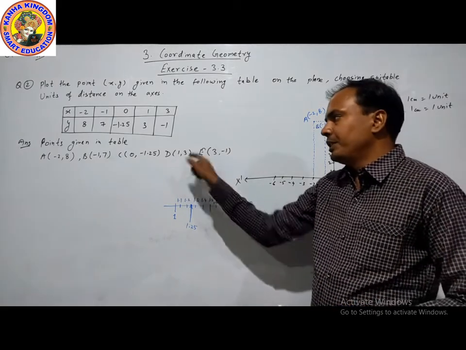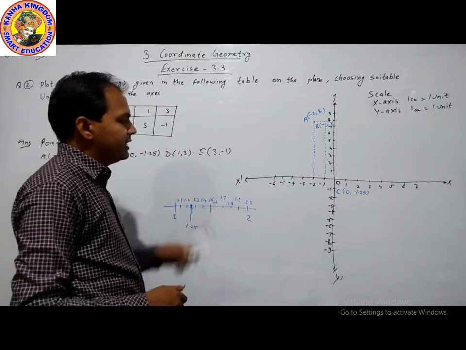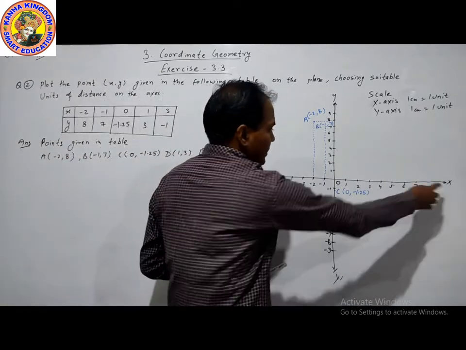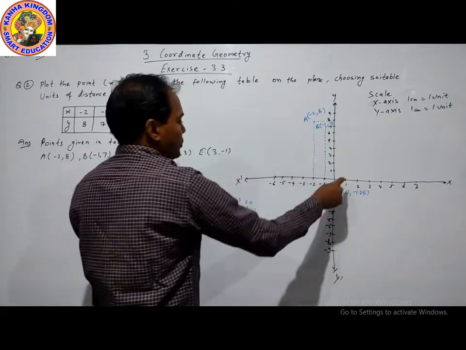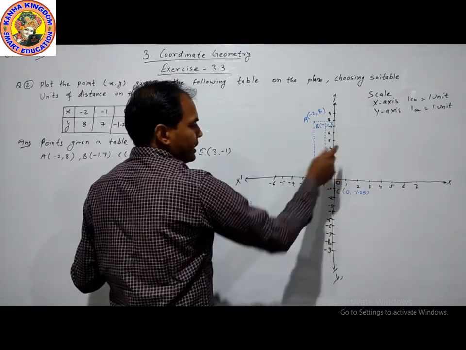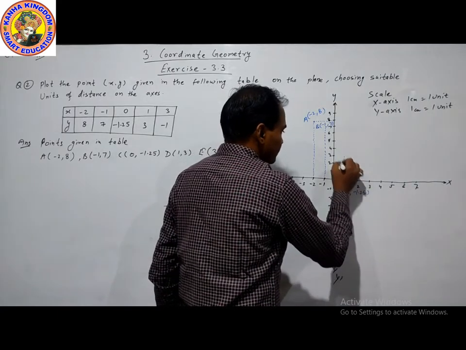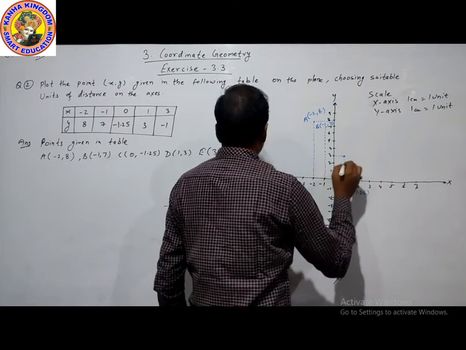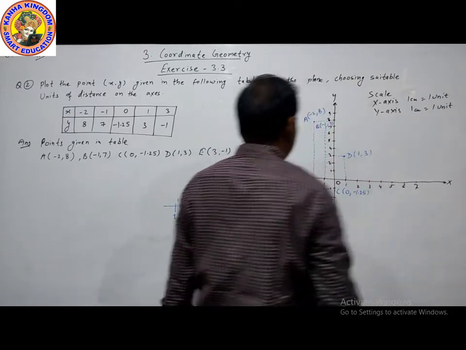Now point D: (1, 3). X is 1, y is 3. Both are positive: x plus 1, y plus 3. So we will denote the point here, point D, (1, 3).